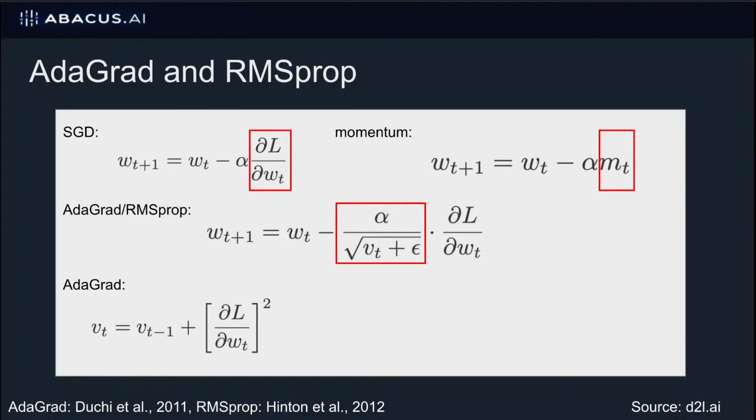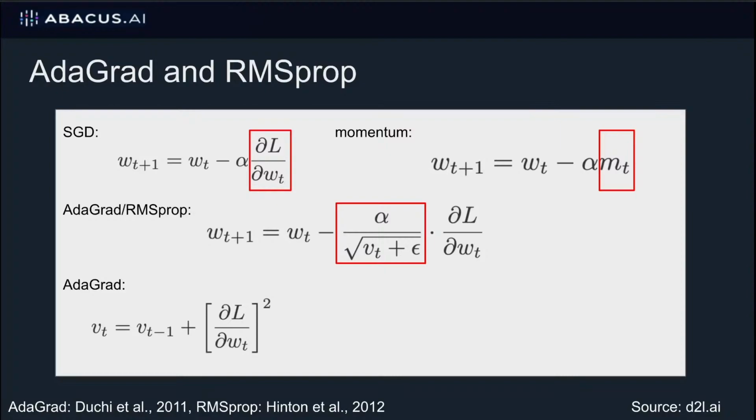The step size for a parameter is divided by the square root of the running mean V plus a small epsilon for numerical stability. The square root is necessary because when we calculate the running average, we're using the square of the gradient, and then we need to take the square root to scale it back.